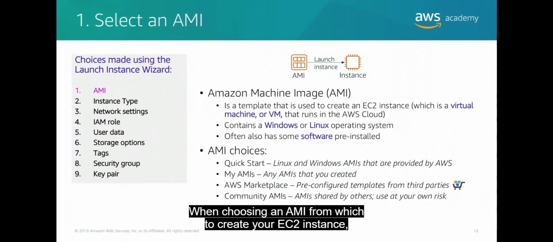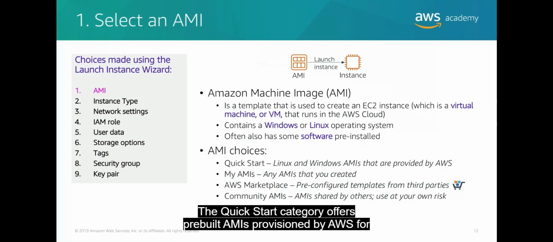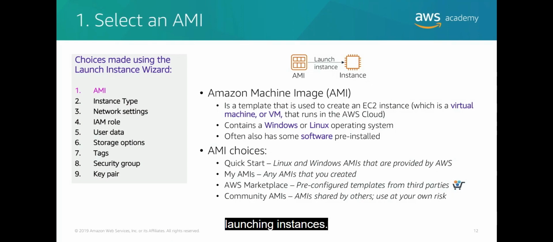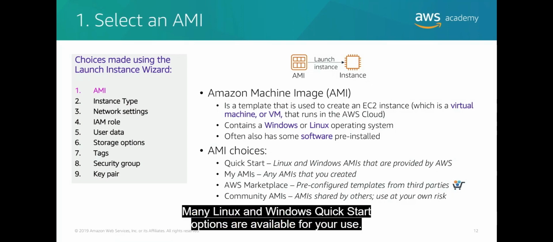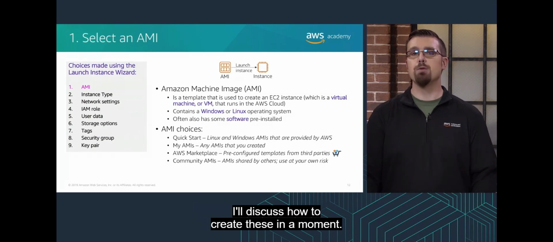When choosing an AMI from which to create your EC2 instance, there are 4 categories of AMIs available. The Quick Start category offers pre-built AMIs provisioned by AWS for launching instances. Many Linux and Windows Quick Start options are available for your use. The My AMIs category contains AMIs that you have created. I'll discuss how to create these in a moment.